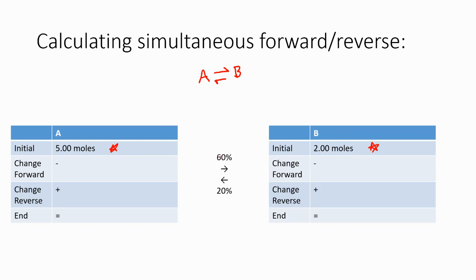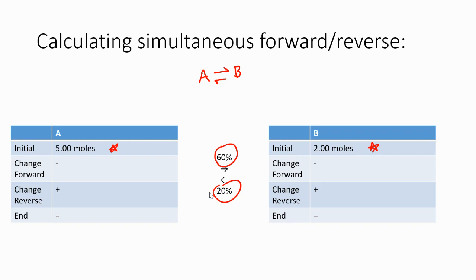This time, again, we're going to say 60% of A molecules turn into B molecules on a per minute basis. But we're going to add an additional percentage here. 20% of B molecules will turn into A molecules on a per minute basis.